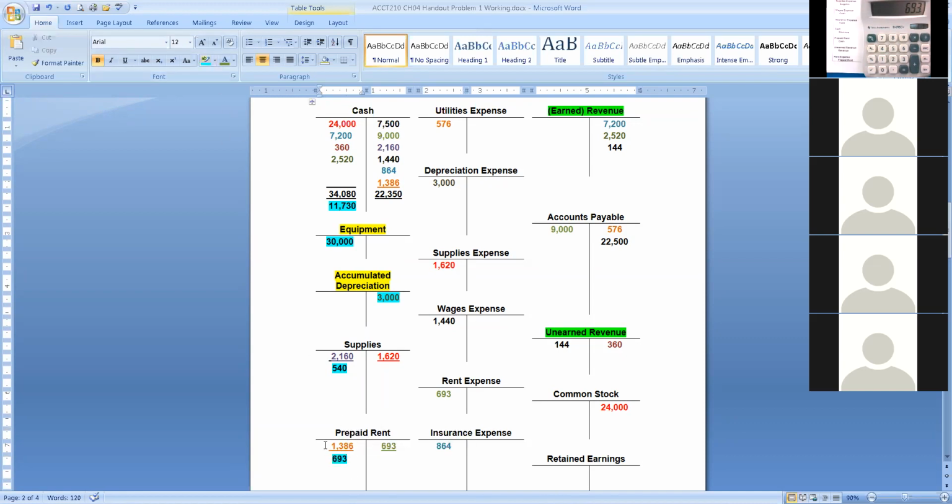So apparently this is for two months worth of rent, probably. And these are just all single ones.